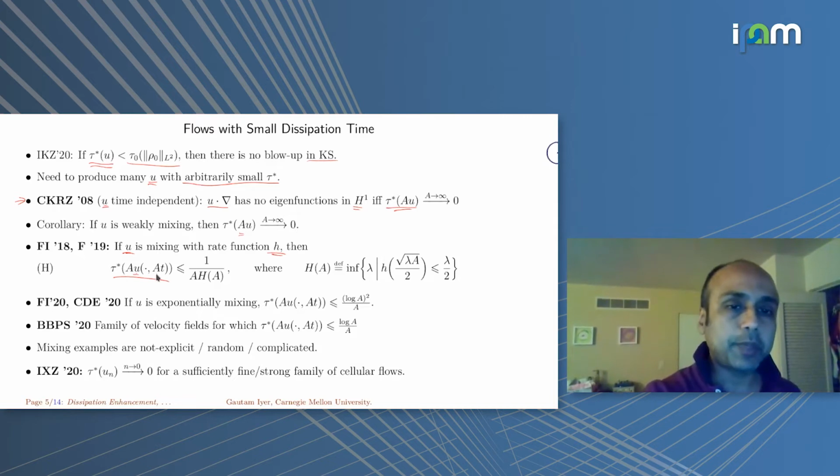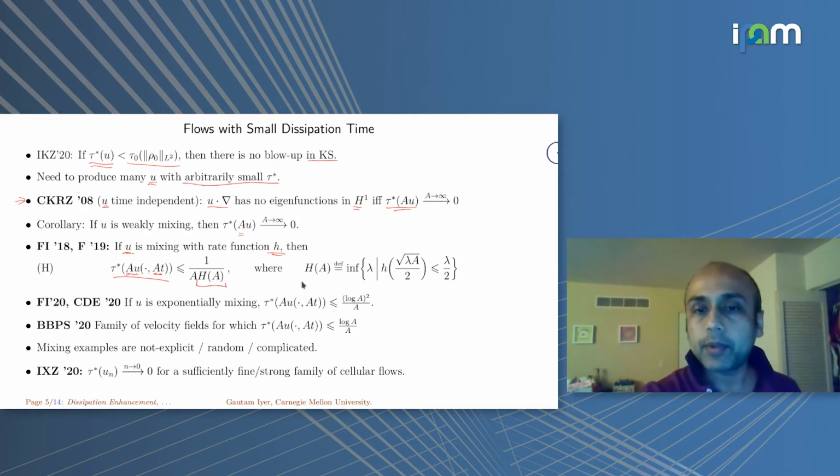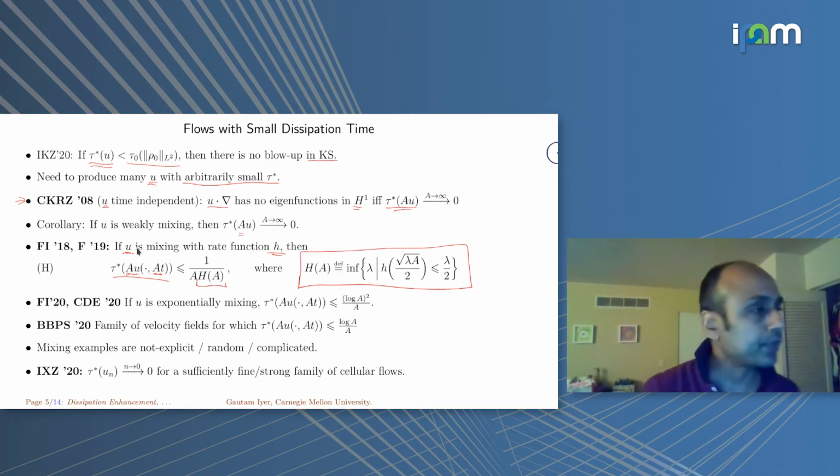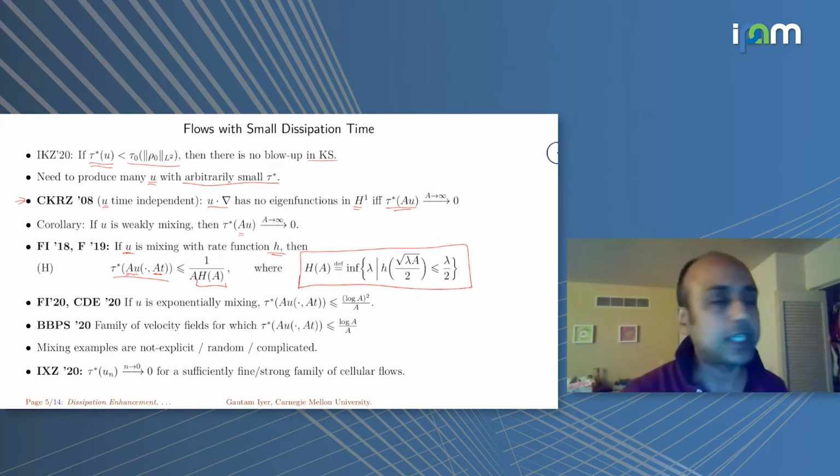I speed up time by a factor A, increasing the amplitude by a factor A. What's the dissipation time? It's 1 over A times some big thing, capital H. I can write down capital H explicitly in terms of the mixing rate of u. You have some implicit equation here to solve, but if I know the mixing rate, I can solve that and figure out what capital H is.